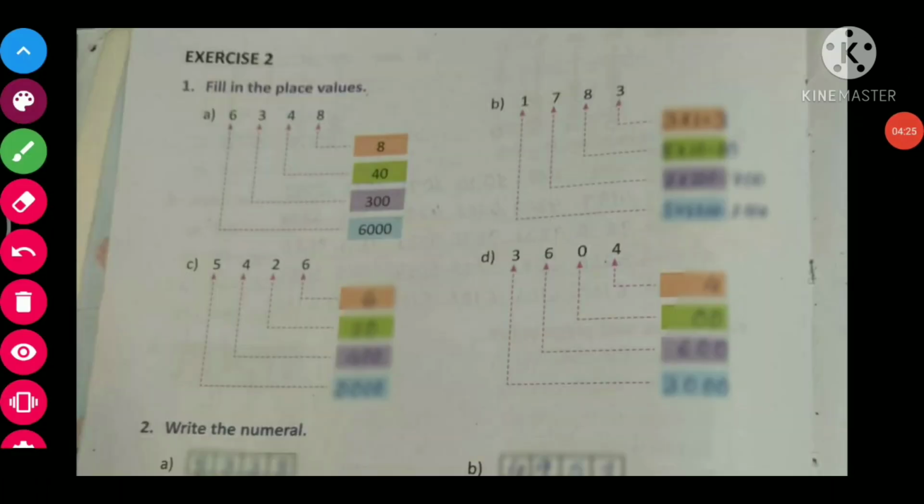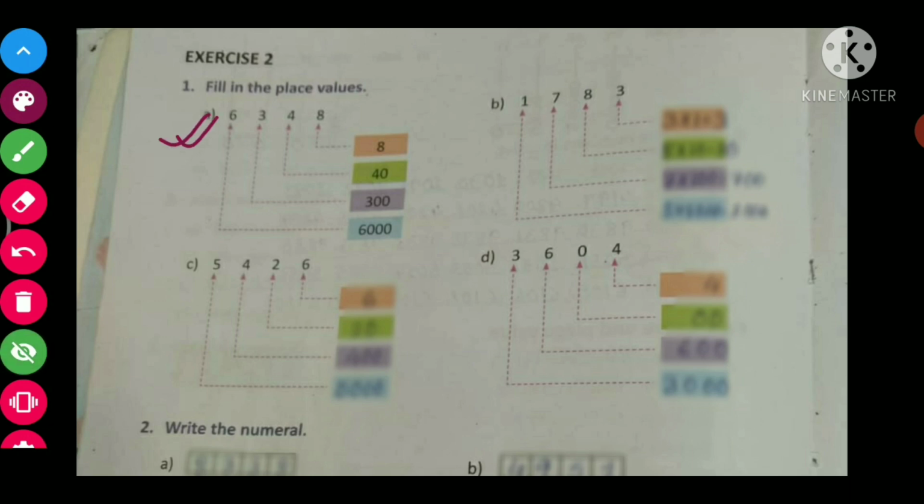Okay students, now we'll do our second exercise. First question that is given: fill in the place values. So you have to fill in the place value. So 1 is done for you, this one.